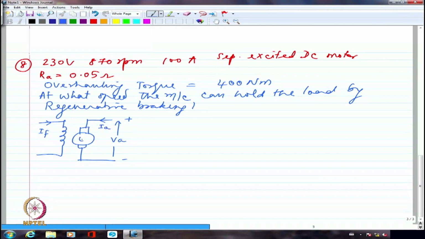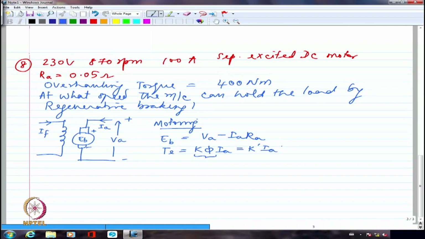Here is my EB. So this is normal motoring operation, in which case I am going to have EB equal to VA minus IARA, from which we wrote all the equations. And field current is a constant, because of which we are going to have TE equal to K phi IA. Maybe K phi is a constant. If I assume, I can simply write K dash multiplied by IA.